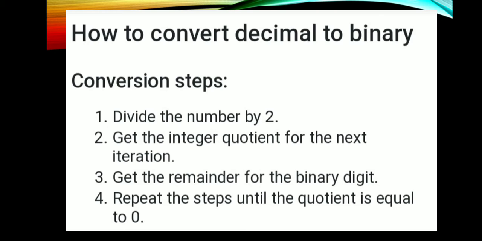Okay, and in each and every step you will get the remainder, and this remainder is your output. What is our output? Our output is a binary number, and you have to repeat this division with quotient and remainder up to the quotient value becomes 0.